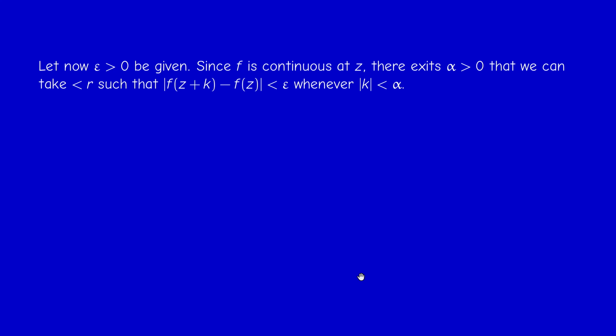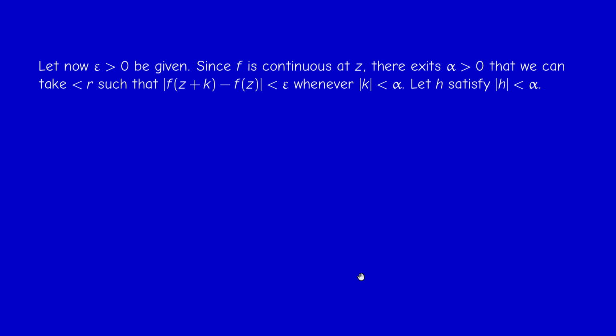Okay, so what does it mean to say that f is continuous at z? It means that f of z plus k minus f of z can be made arbitrarily small provided k, the difference between z plus k and z, is less than a certain quantity, alpha, right?